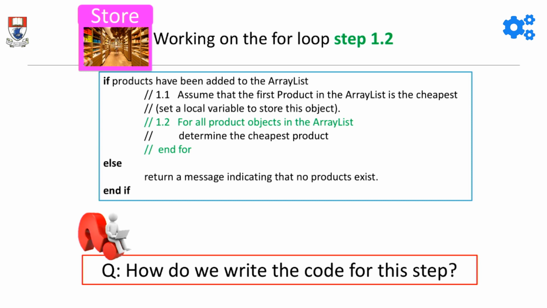You can use either one. For all product objects in the array list, so you want to visit every single item in the array list, how would you write that statement? Again, answers please to step 1.2 in Slack. Reply to the thread.